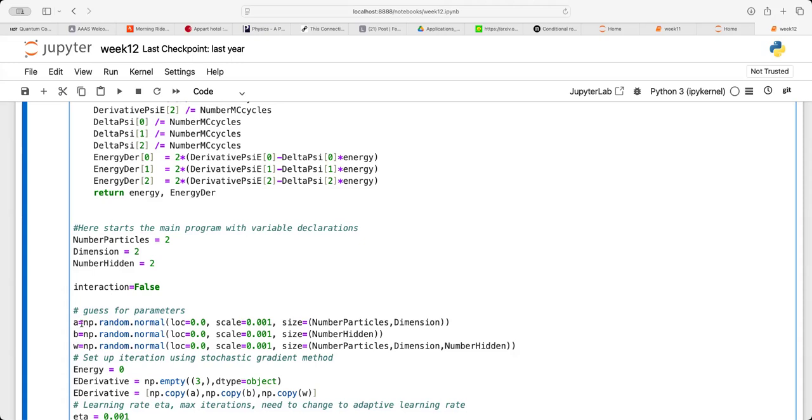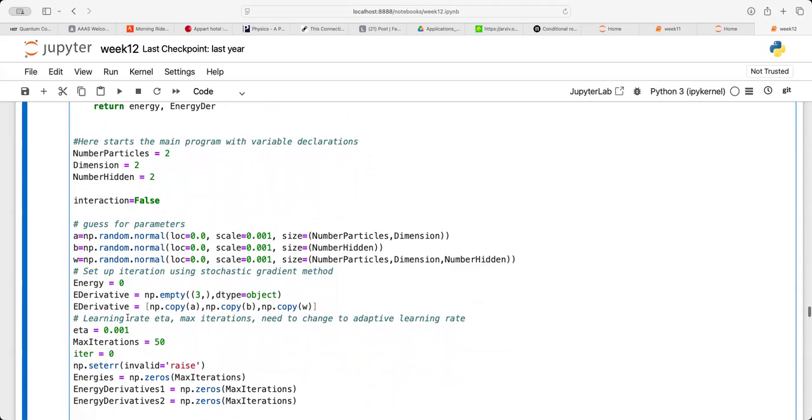And you see that this A here is now initialized to a small value. And I use the normal distribution. I do the same with B. I do the same with the weights. And you can see now that here I need the number of particles and the dimensions. Here I simply have the number of hidden. And then I set up the derivatives.